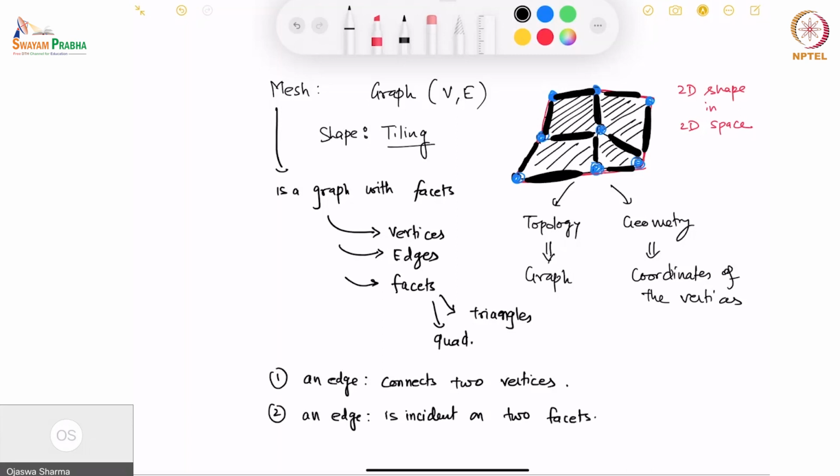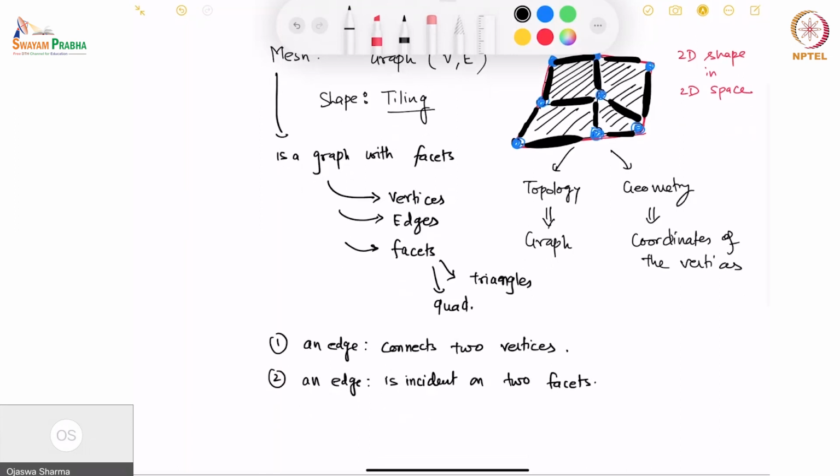These two are true always. And what else can I say here is that a vertex is connected to a number of edges, and this is known as the valence of the vertex.